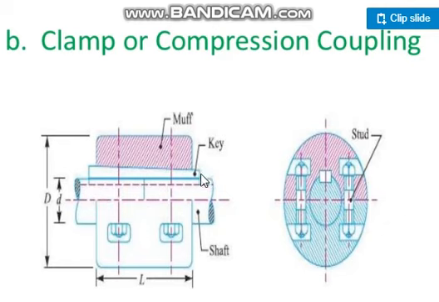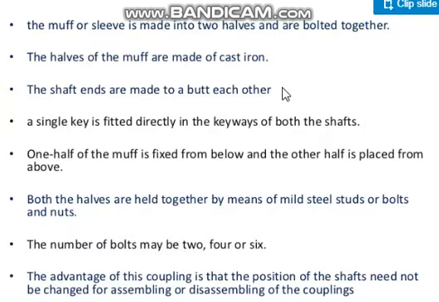You can see this is the key, and it has a taper. This taper is always in the hub. In the shaft it is parallel. Are you seeing? The keyway in the shaft is parallel, the keyway in the hub is tapered. If you want to talk about this, the muff or sleeve is made of two halves and bolted together.